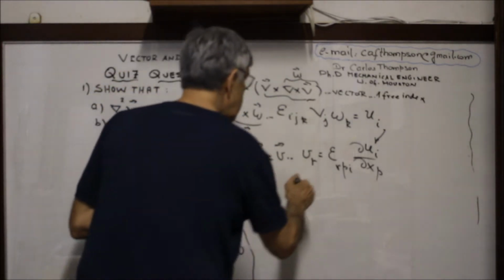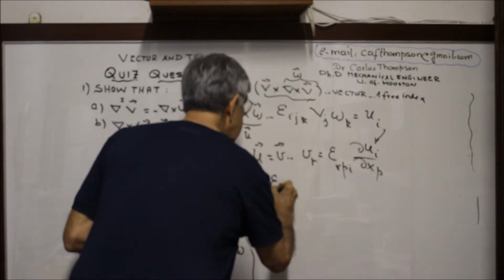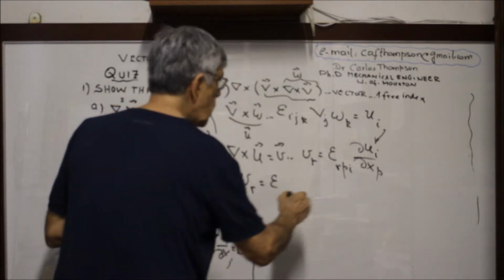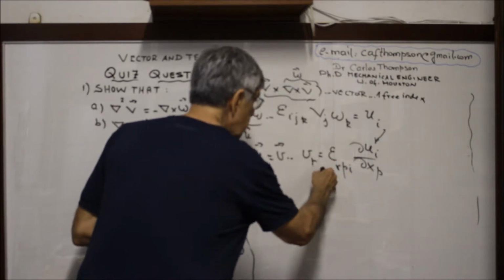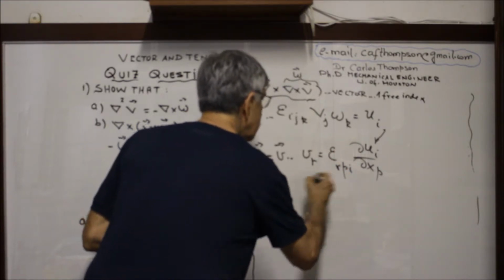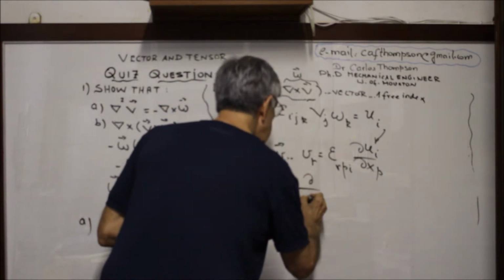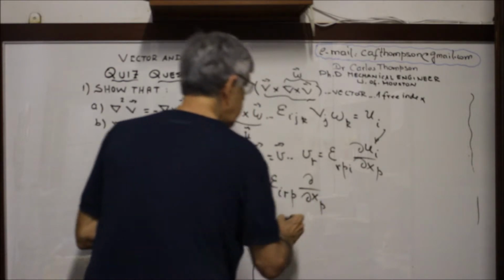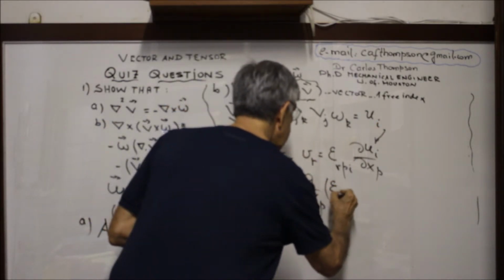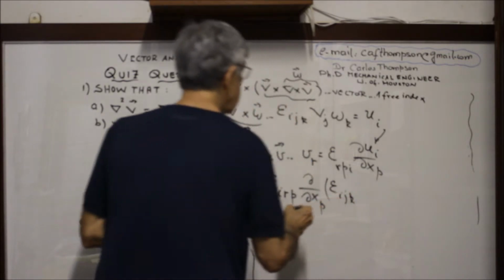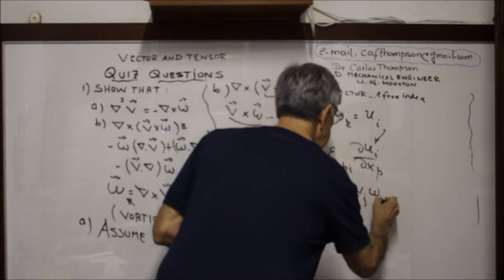So vR is equal to epsilon, and RPI is the same as I, RP, moving once, moving twice. Partial with respect to xP. Now I plug Ui right over here: epsilon ijk, Vj, Wk.